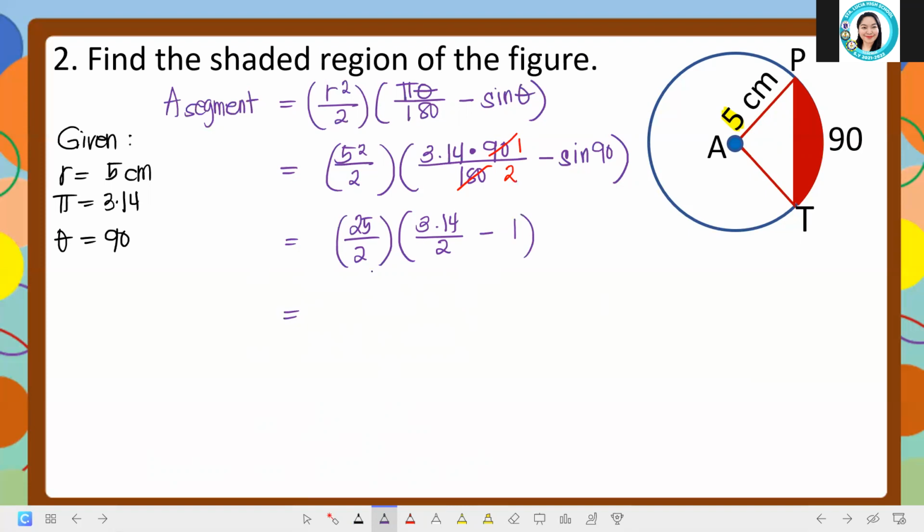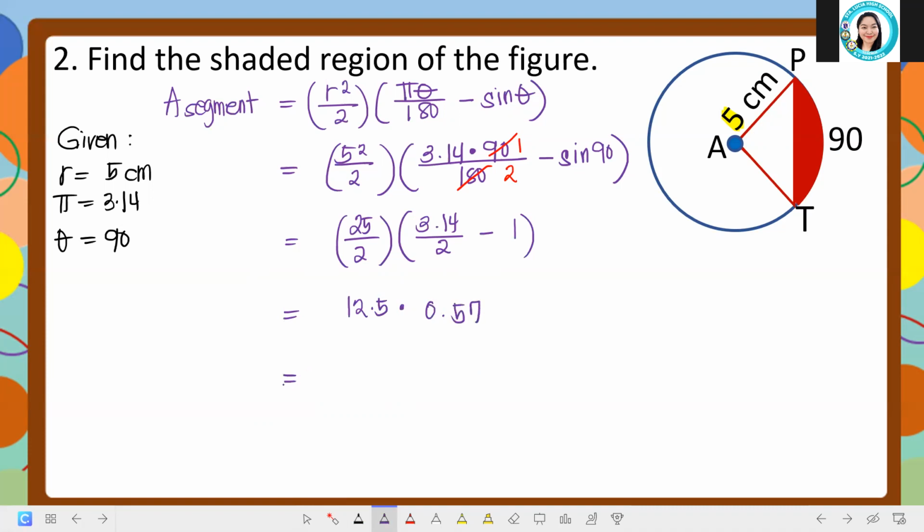So gawin natin to. We have 25 divided by 2, that is 12.5 times 3.14 divided by 2 minus 1 is equal to 0.57.